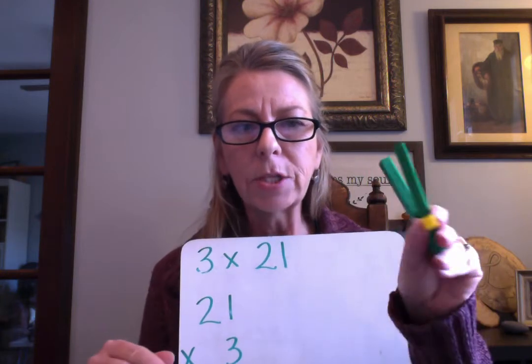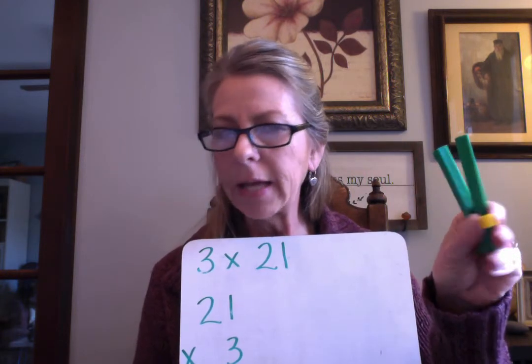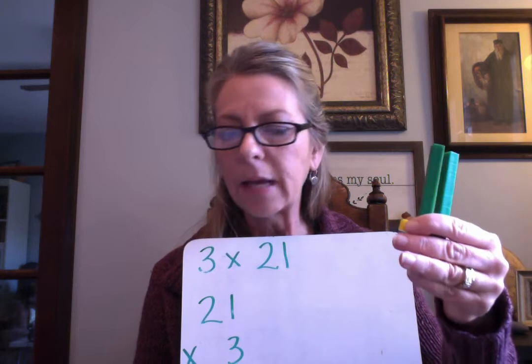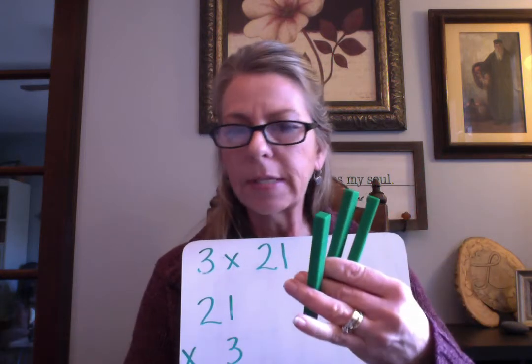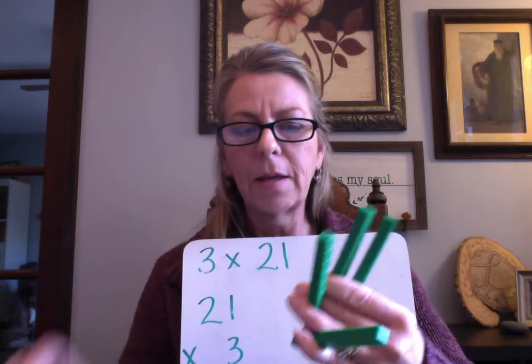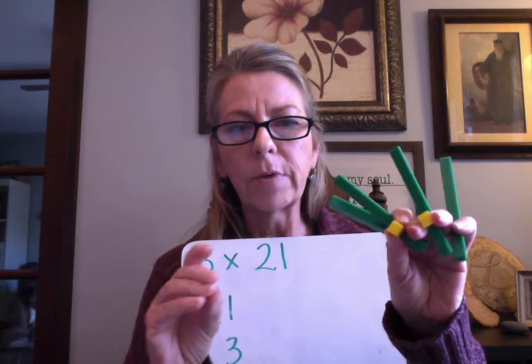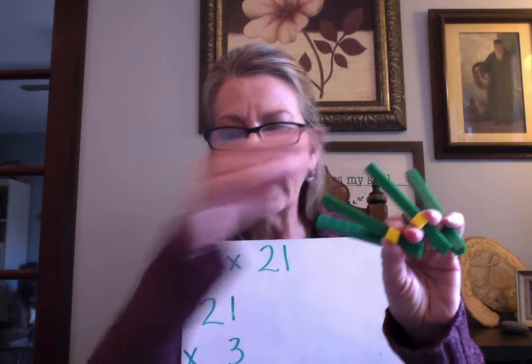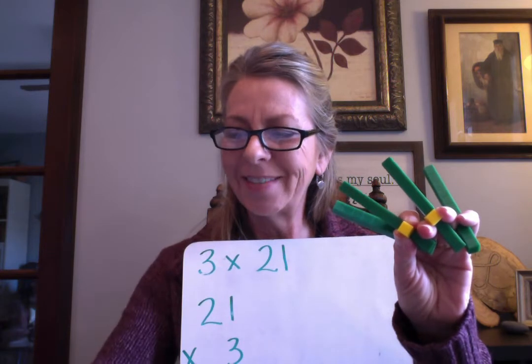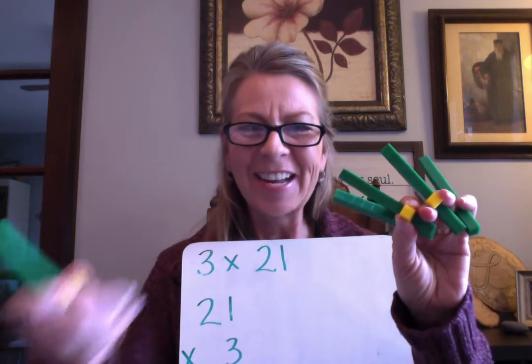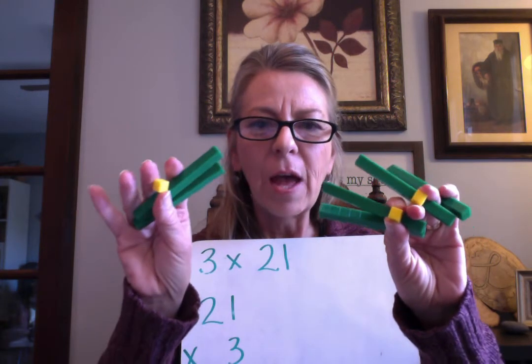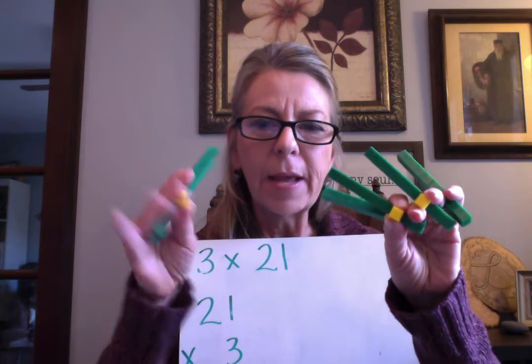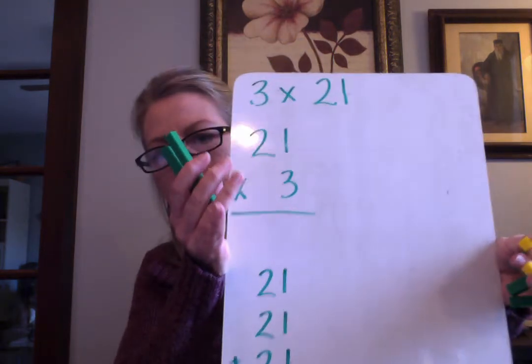Remember, multiplication is equal sets, right? So I'm going to have 3 sets of 21. So here's another set of 21. This is where I wish I had 3 or 4 hands, right? Okay, so 21, 21, and 21, right?